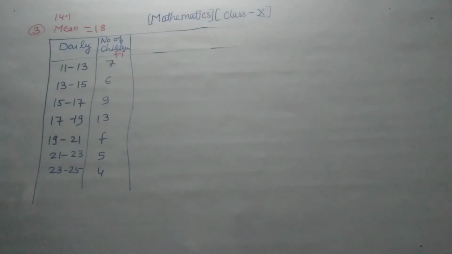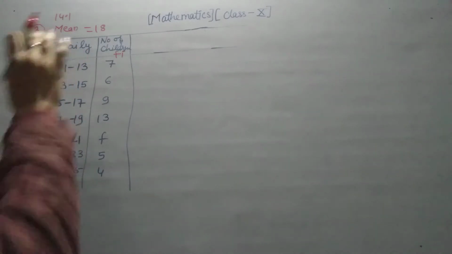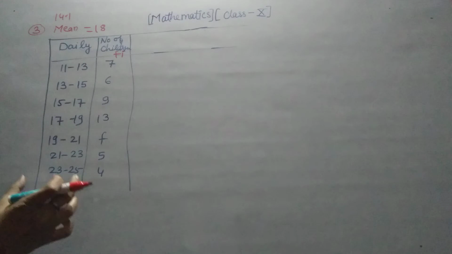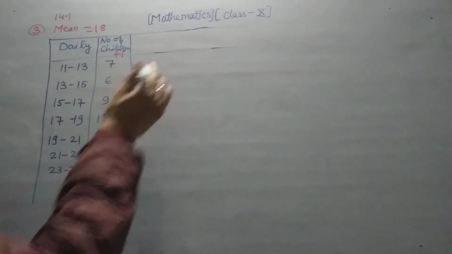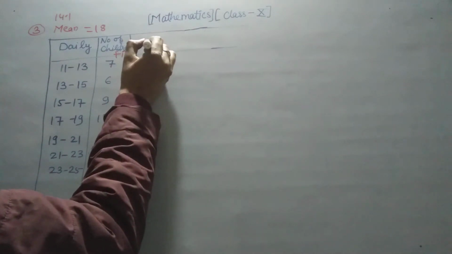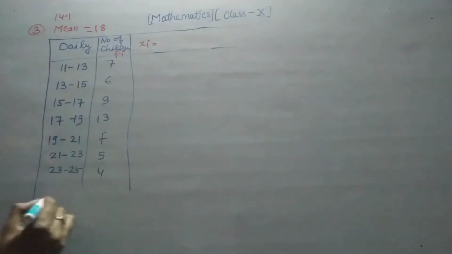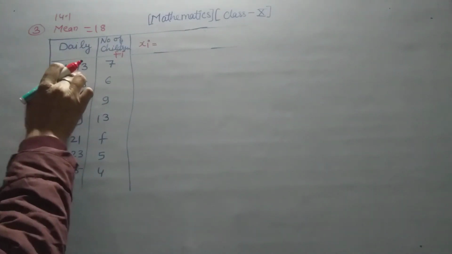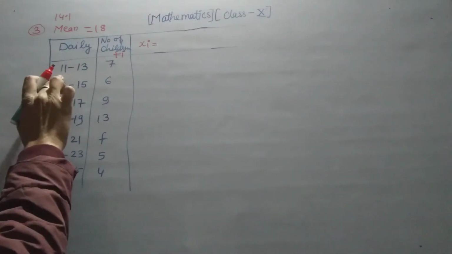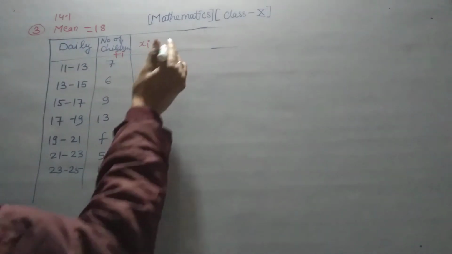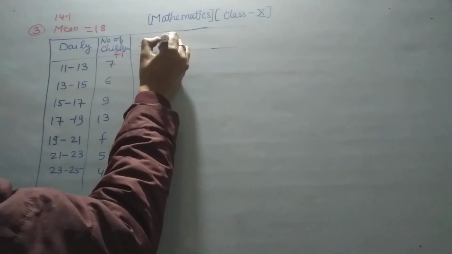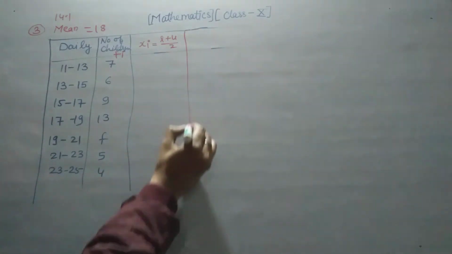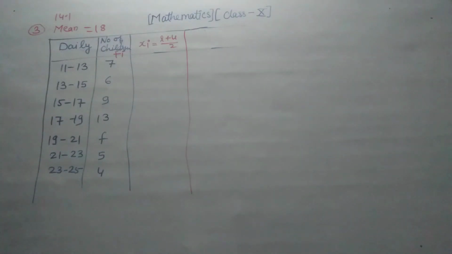For finding the mean, you have to make the class mark of each interval. The class mark is found as lower limit plus upper limit upon 2.